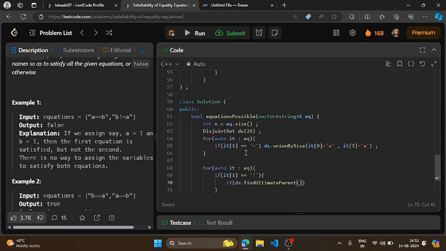Now if the ultimate parent of IT of 0 minus a and IT of 3 minus a, if the ultimate parent of this is equal to the ultimate parent of this, I had to check that.